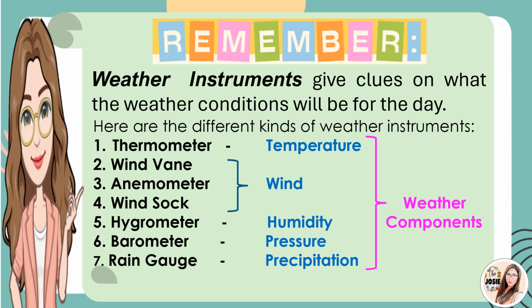Number 5, hygrometer. It's all about humidity. Number 6, barometer. It's all about pressure. And number 7, rain gauge. It's all about precipitation. So temperature, wind, humidity, pressure, and precipitation are what we call weather components.